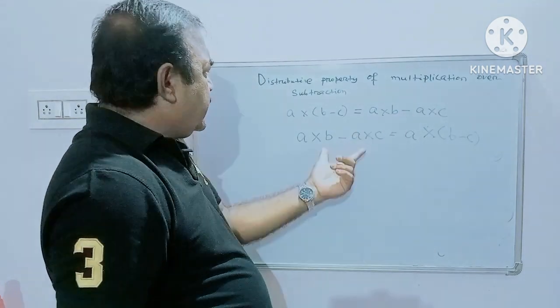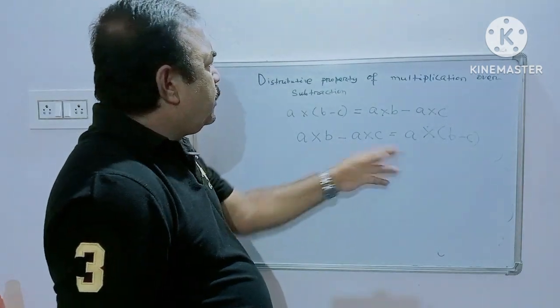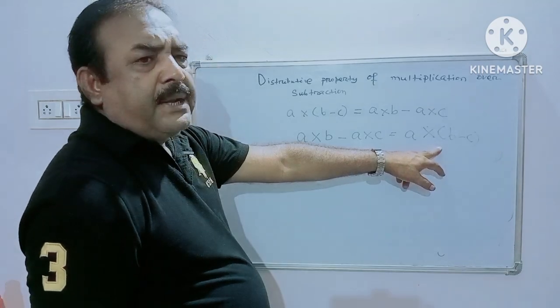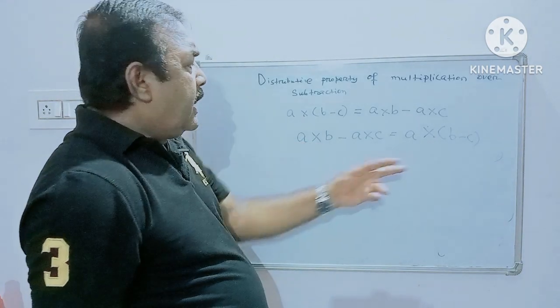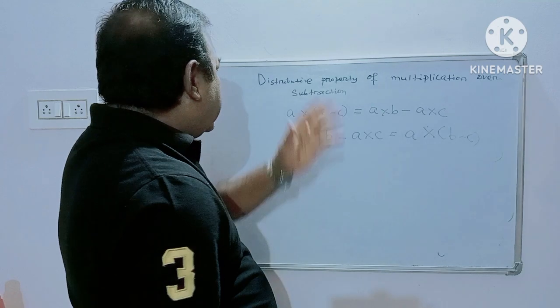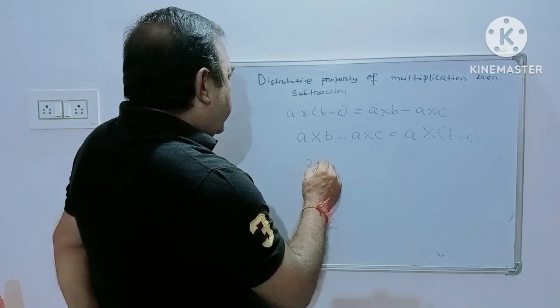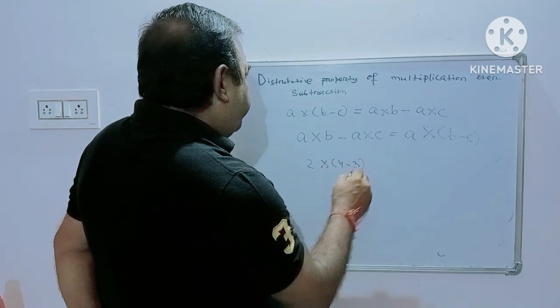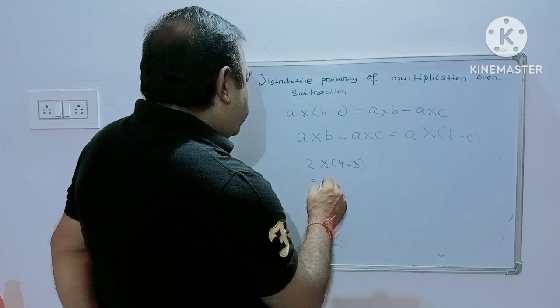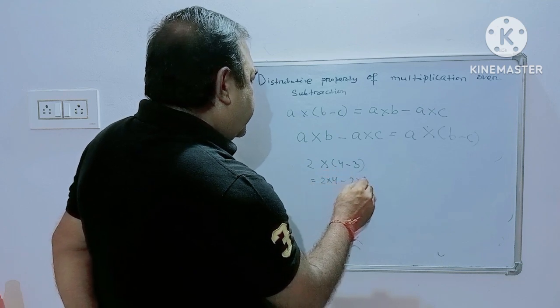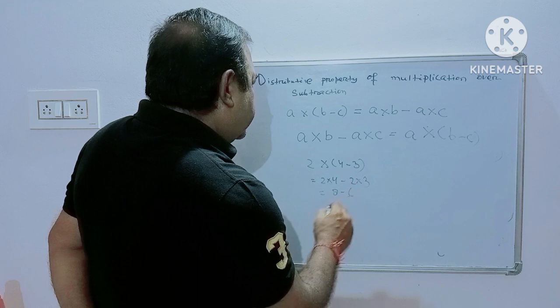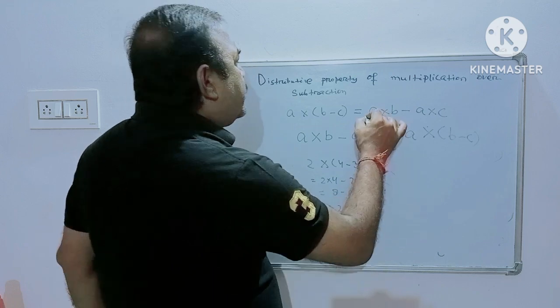If I write this first, automatically that will be equal to A whole into B minus C. And how is this helpful, you see, because someone will say, 2 whole into 4 minus 3, we will do 2 into 4 minus 2 into 3, 8 minus 6, that is equal to 2. So what is the need of doing this? No.